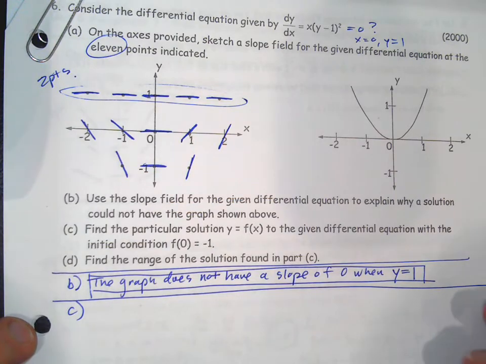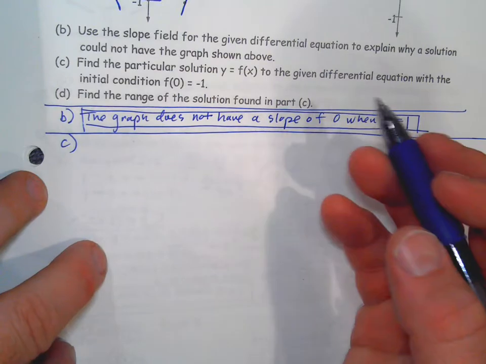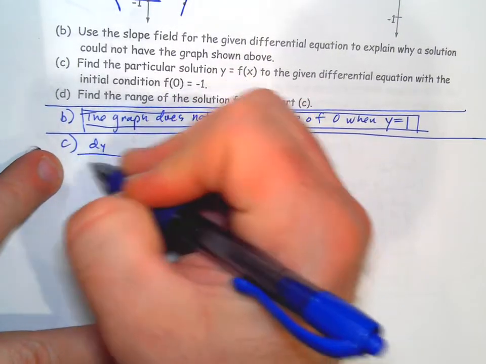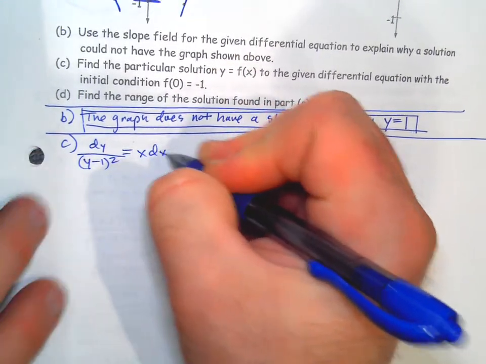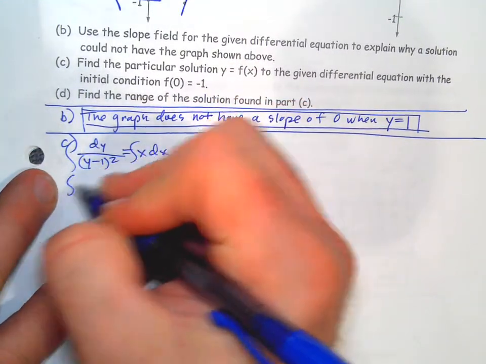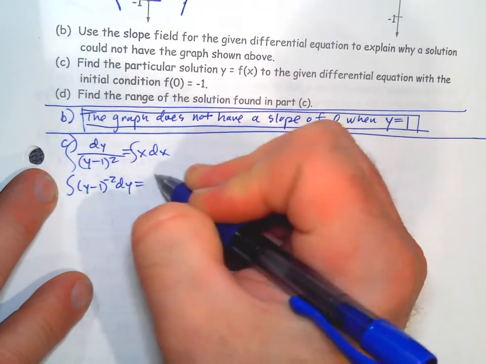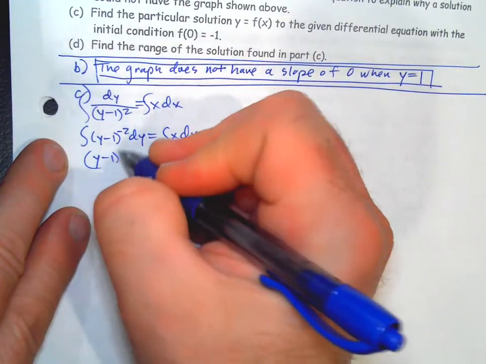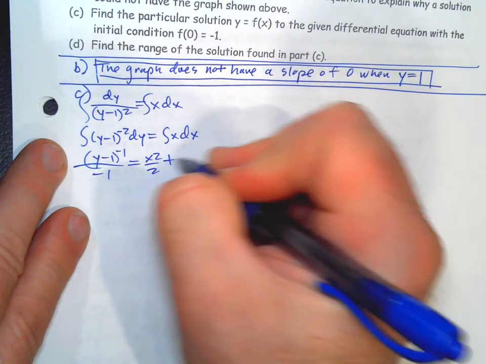Part C: find the particular solution to the given differential equation with the initial condition. Okay, so separate the variables. I'm going to rewrite it as (y minus 1) to the negative 2. Power rule: bump it up 1, divide by the new exponent, plus c.